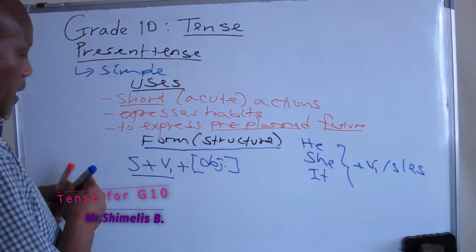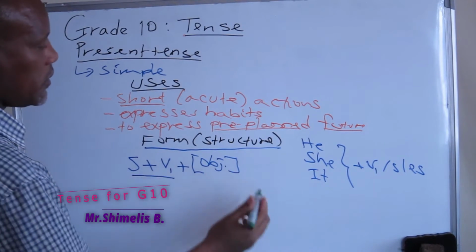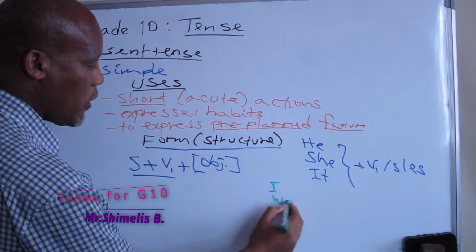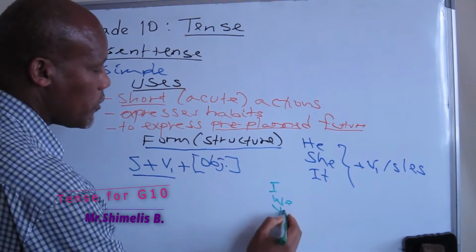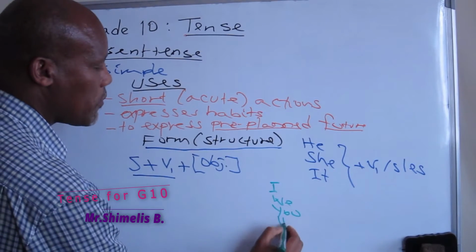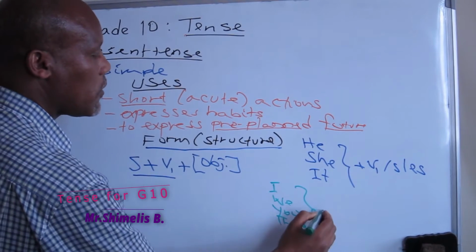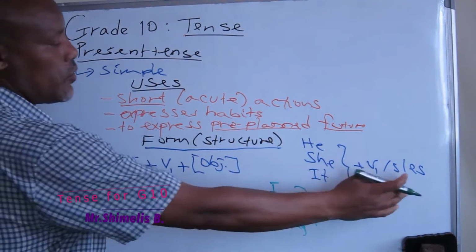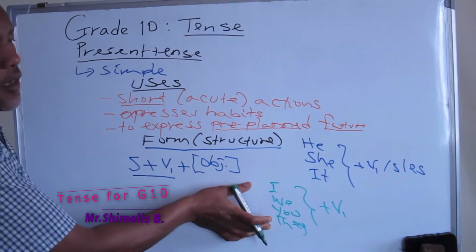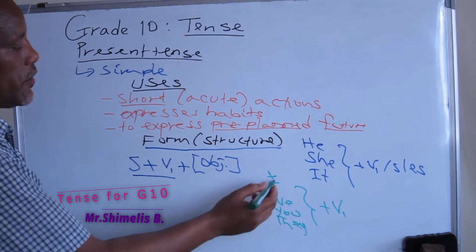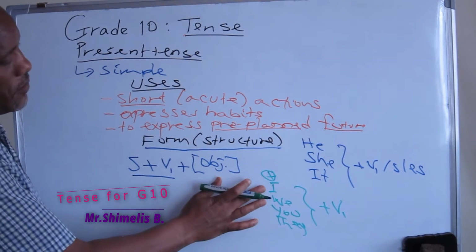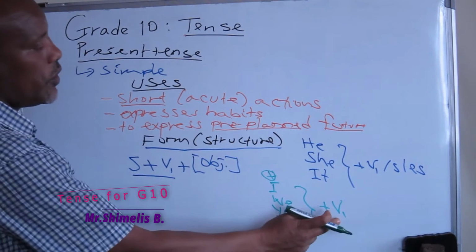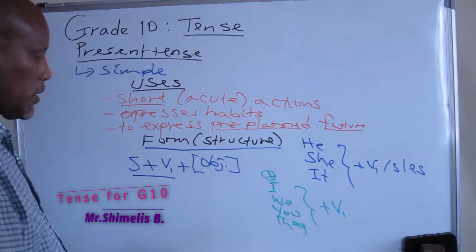And with first person singular I and plural we, second person you and third person plural they, we take the first form of the verb without any suffix s or es, because these are plural subjects except the first person pronoun I. The rest are plural subjects, so we don't add s or es.